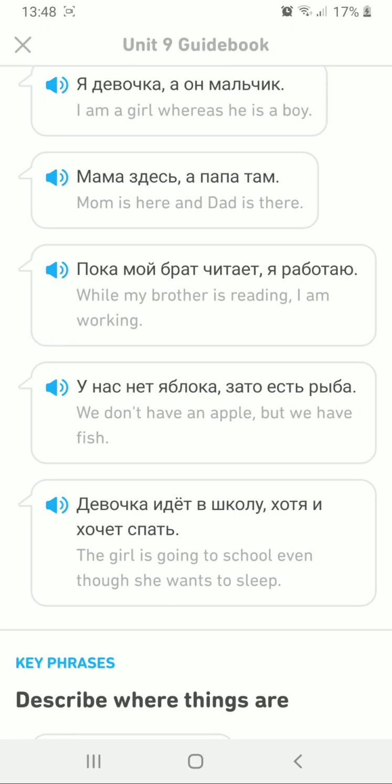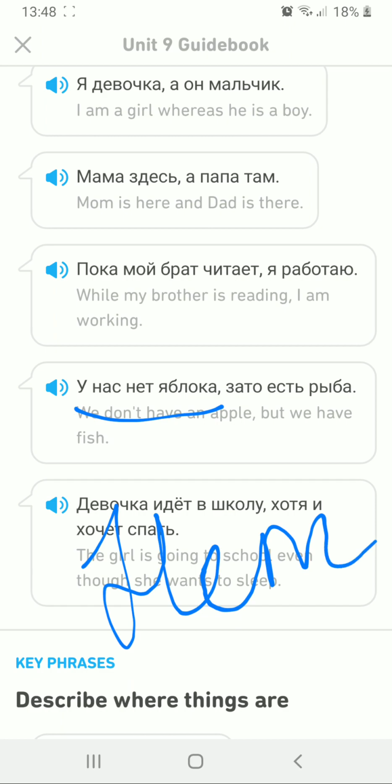Okay, let's move on. Let's look at this one. У нас нет яблока, зато есть рыба. So we already know that when there is нет, which is a negative statement, we have to change the word ending.